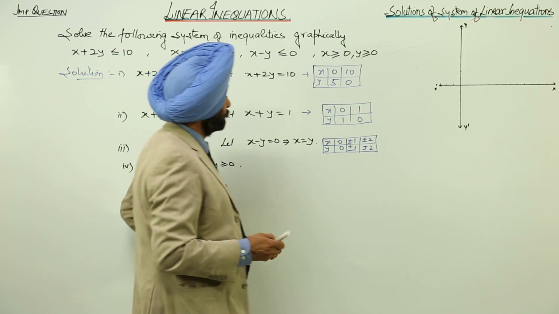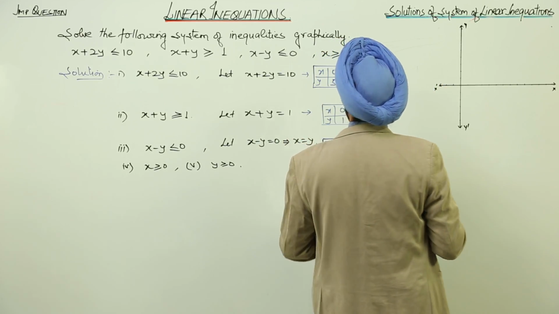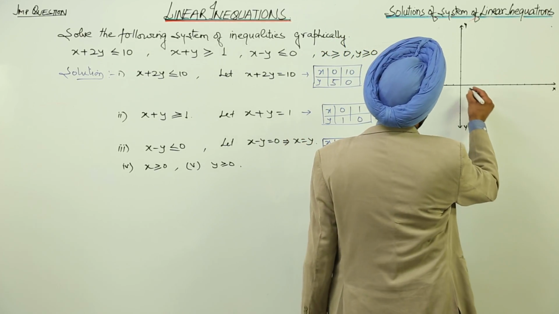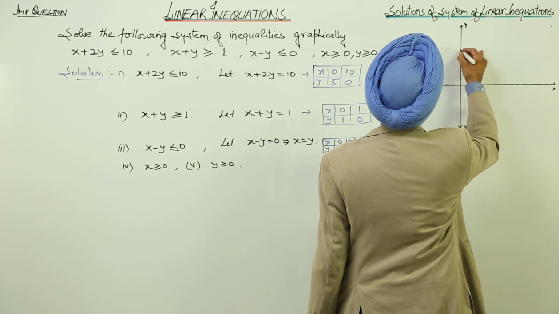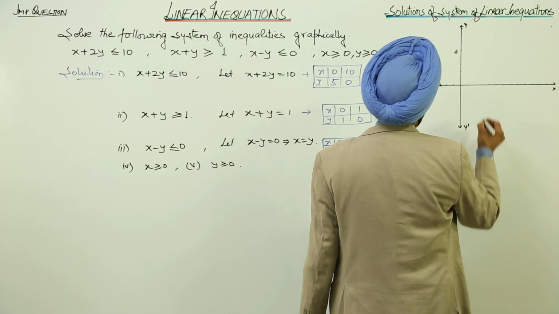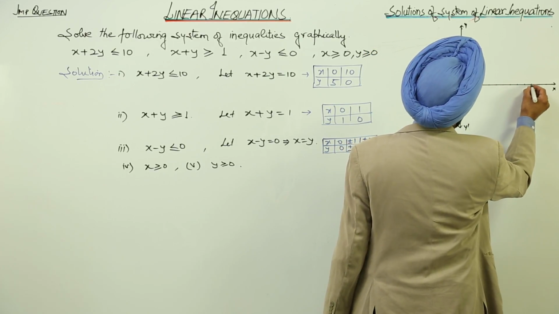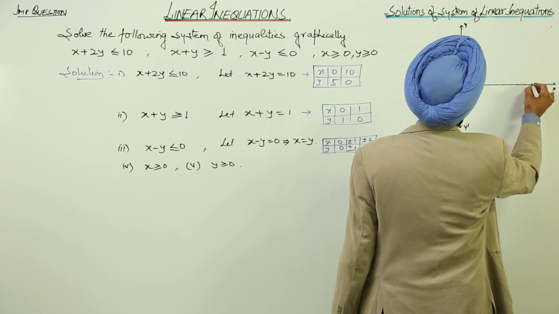Now let's plot it. Now first is for equation number 1, 0 and 5. 1, 2, 3, 4 and 5. This is the point. And then 10, 0. 1, 2, 3, 4, 5, 6, 7, 8, 9 and 10. This is 10.